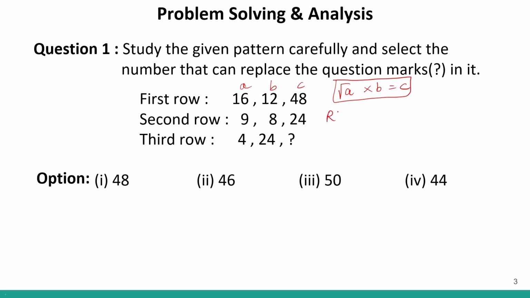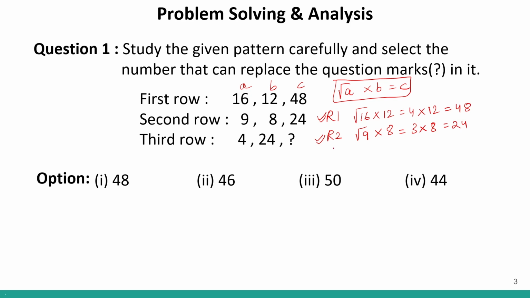Now let us check for row 1. For row 1, square root of 16 into 12, that means 4 into 12 will give me 48. So this is correct. Now let us check for row 2. Row 2, square root of 9 into 8 should give me 3 into 8, which is 24. So first we understood the logic from row 1 and then we confirmed the logic from row 2.